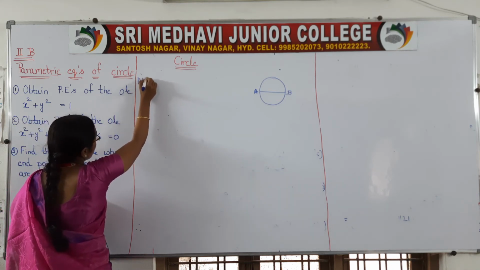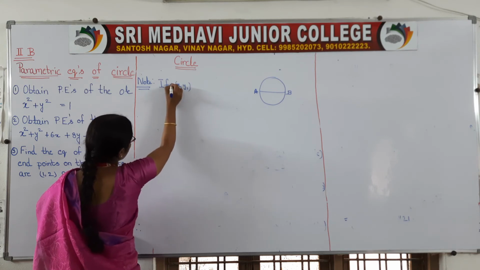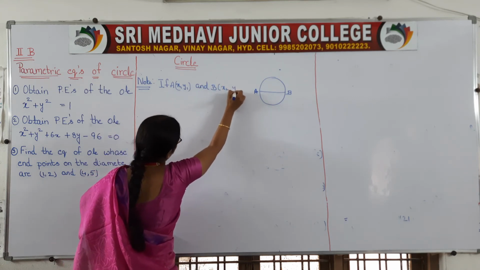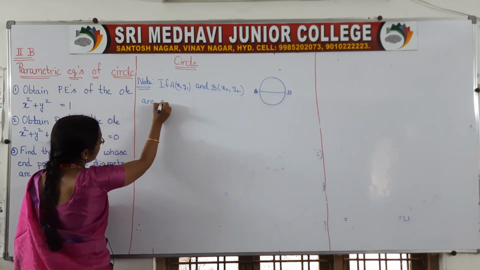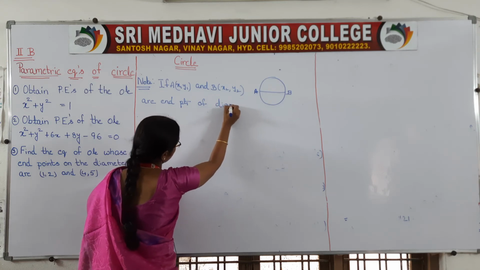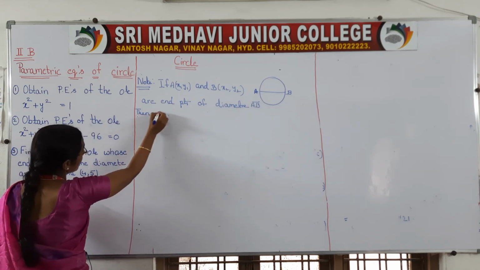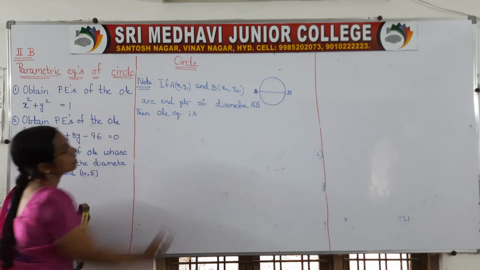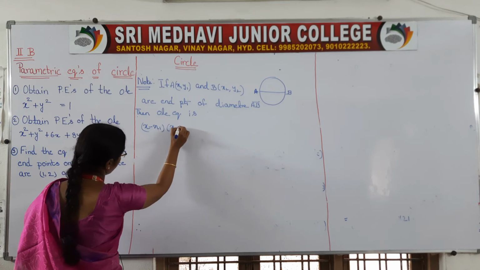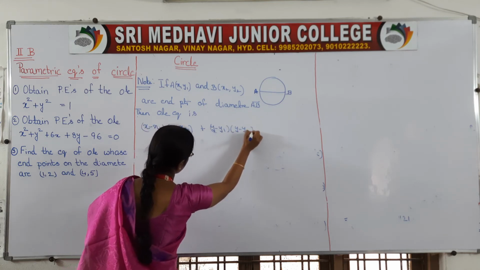First, take the formula as a note. If x1, y1 and x2, y2 are the end points of the diameter AB, then the circle equation is: x minus x1 into x minus x2 plus y minus y1 into y minus y2 is equal to 0.